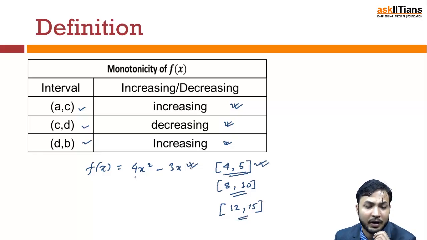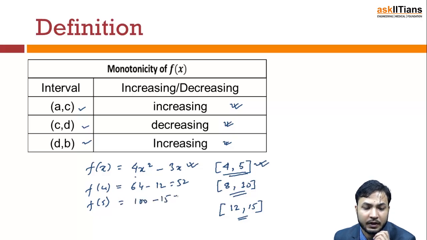Let's say I keep the values over here, so I will have 64 minus 12, I'll have 52 for f(4), then for f(5), 100 minus 15 is 85. Now you see what is happening during this period, the value of this function is increasing, right?